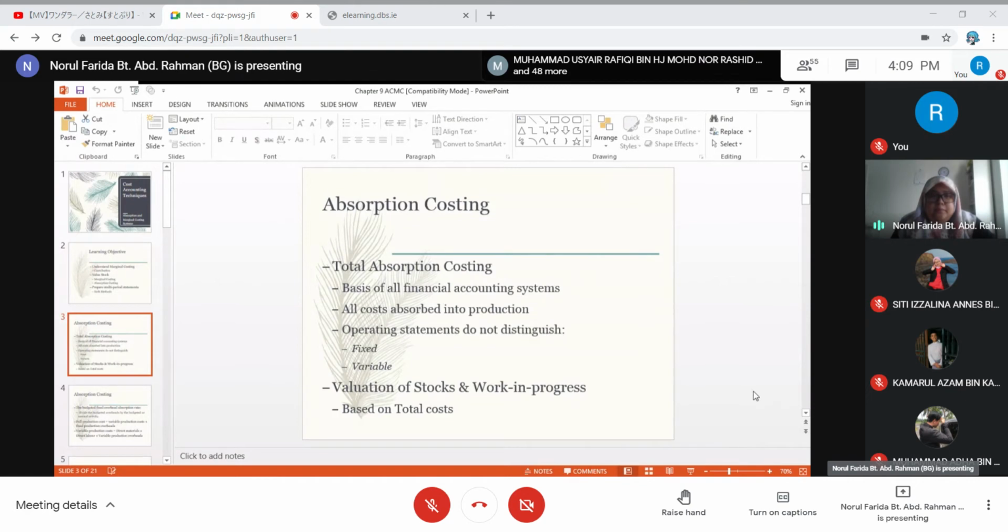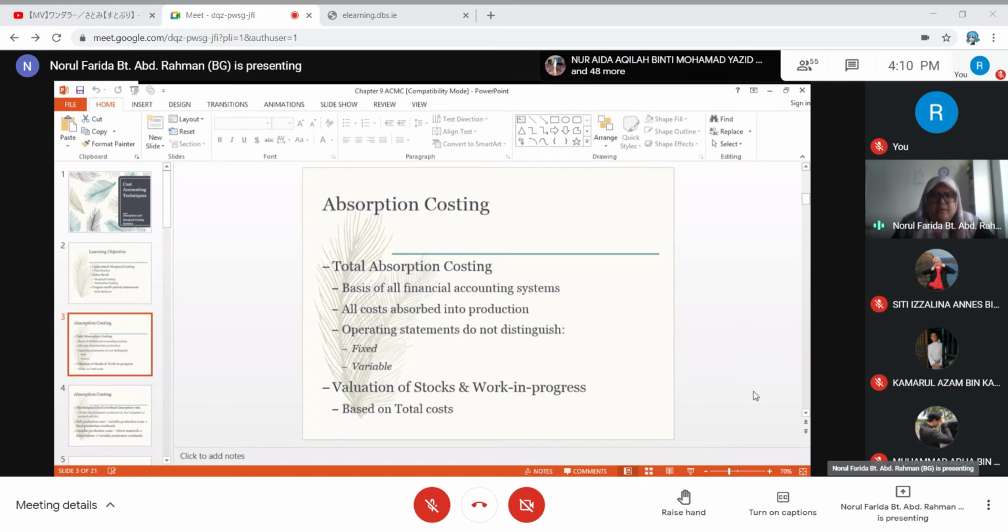Okay, in absorption costing, the closing inventory is valued at full production cost. So you will include all your production costs, or your total cost, which is your direct material, your direct labor, your variable production overhead.